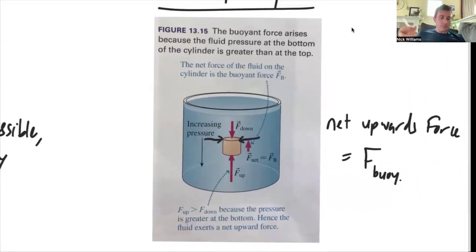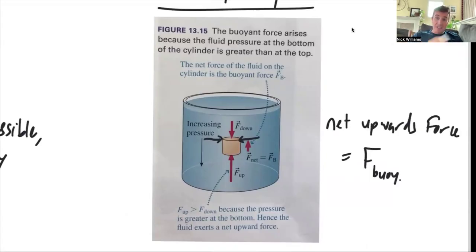So what happens here is if you have an object that has thickness to it, the force at either side, the pressure of the water, will be the same. That represents my black arrows here.